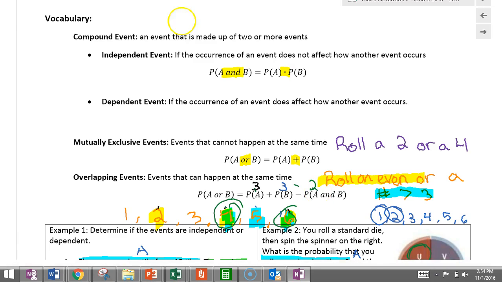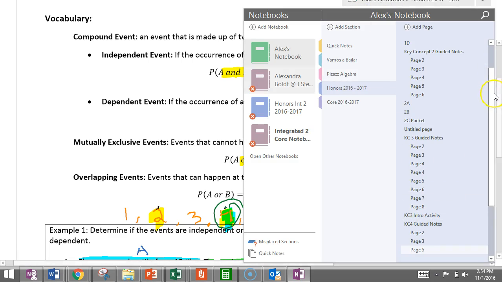So 3 plus 3 minus 2, and that equals 4. And that makes sense with what we have here, 1, 2, 3, and 4. So that's why that formula works, but it's also how overlapping events work. Okay? So we're going to look at lots of examples with these. So go ahead and turn to the next page.